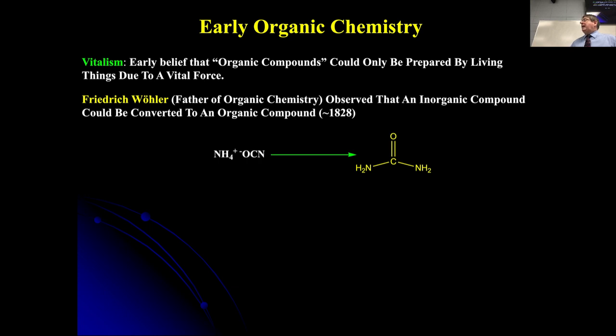And so what did he do? He took ammonium cyanate, which is an inorganic compound. Okay, you can get this from rocks, okay? And he placed it in a test tube with a little bit of water, which is also an inorganic compound. And he heated it. And he started to smell a familiar smell.